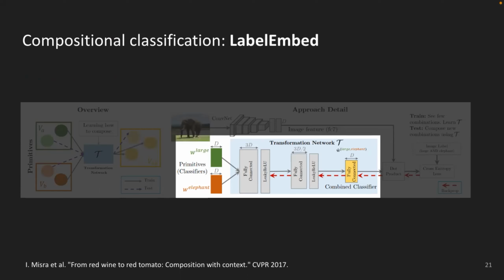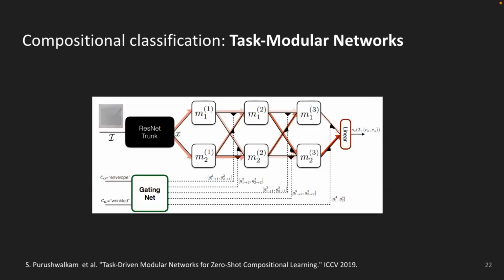You can also try to build more complex ways of composing, and this is one example. This is another popular approach, task modular neural networks, where you don't predict a simple classifier, but rather you change the connections of your model. They predict whether to activate or not some connections, depending on the input composition that we are interested in classifying.